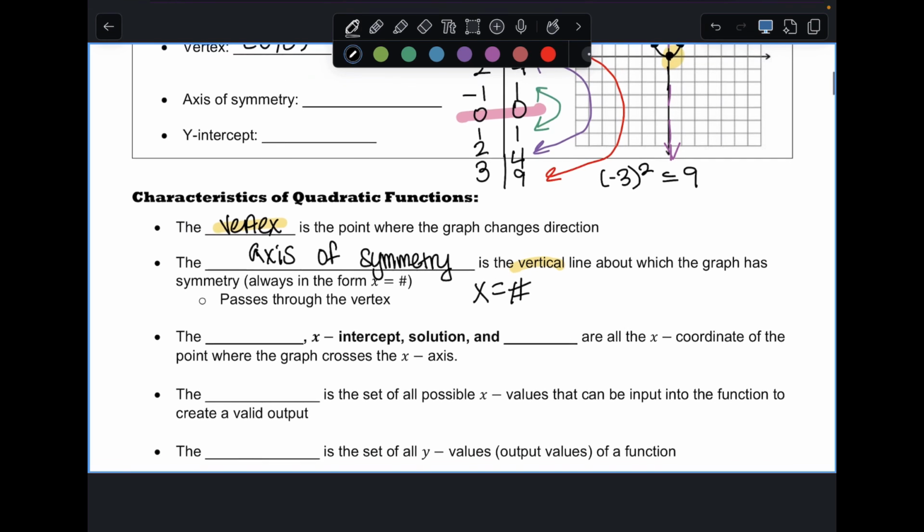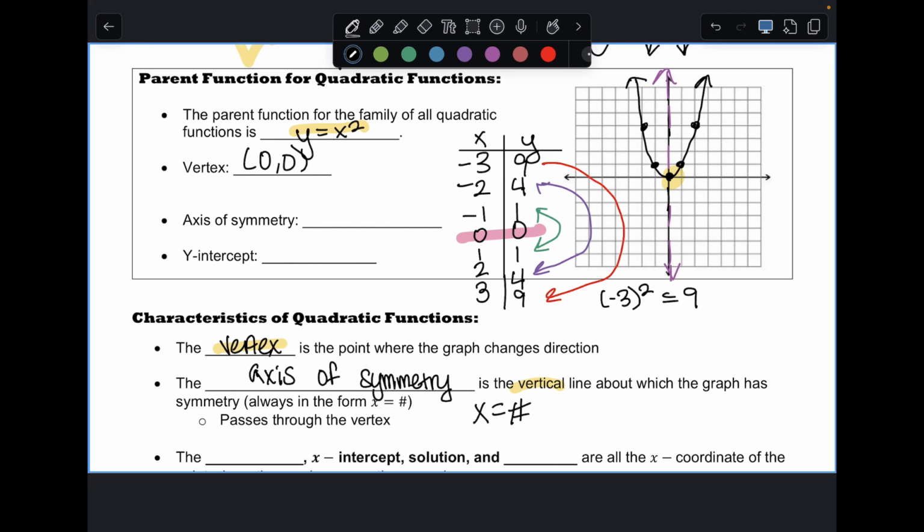In addition, our axis of symmetry here, like Brooke said, was the y-axis. That's x equals 0. If you notice, the x-coordinate of your vertex matches whatever x is equal to in your axis of symmetry. So you don't even really have to look for it. You just pick the x-coordinate of your vertex, because that axis of symmetry always has to go through there.